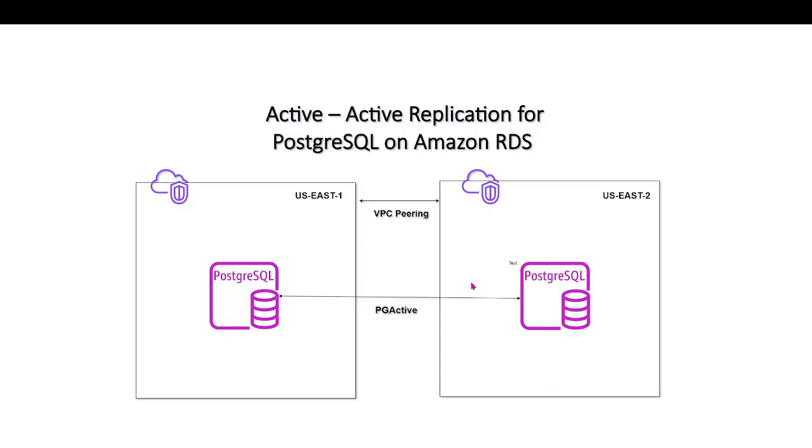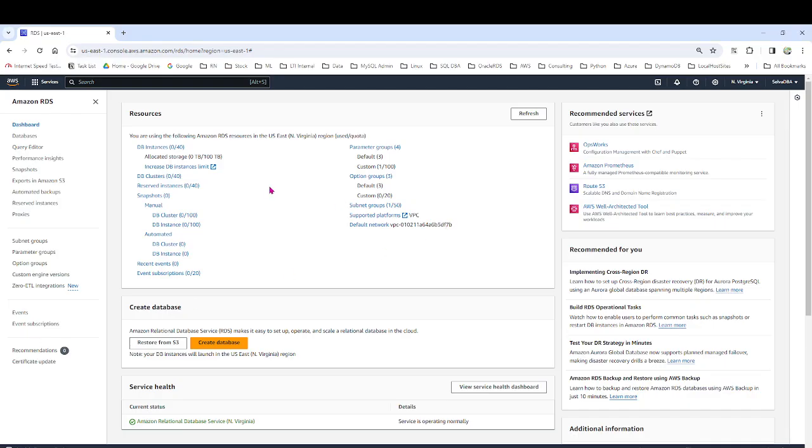Let's start the VPC peering. Before proceeding, you should have a free tier account with the proper privileges. I'm using my free tier account for testing purposes.